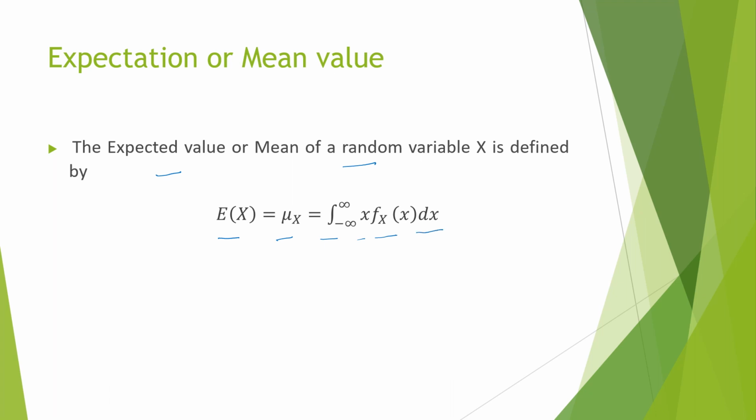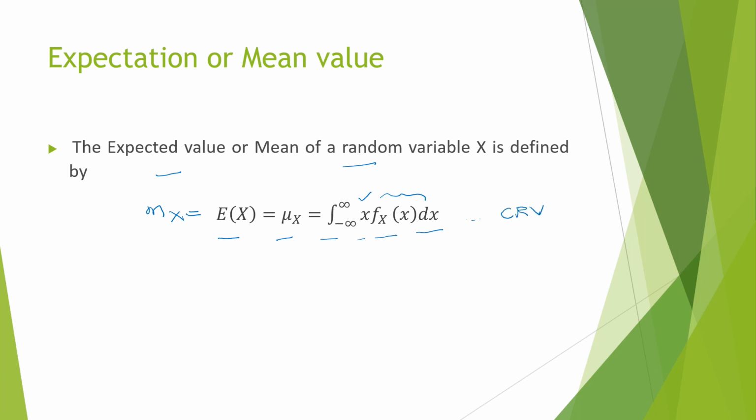It means it is the integration of the random variable x with its PDF, integrated between minus infinity and infinity. This can also be indicated as mX = E[X] = μX. This is for a continuous random variable.